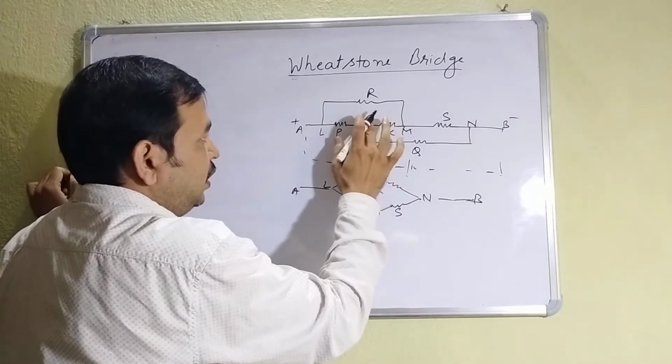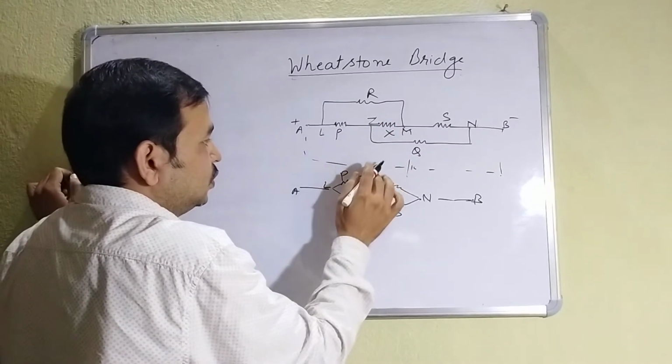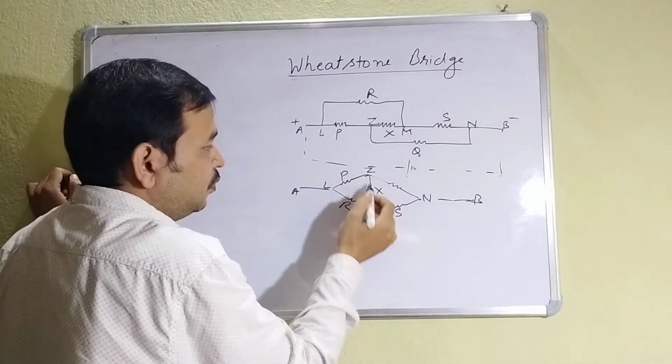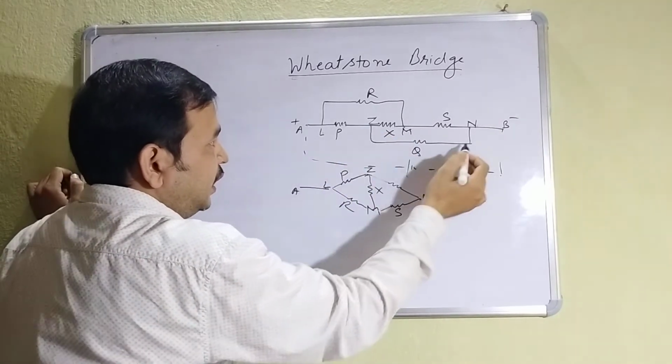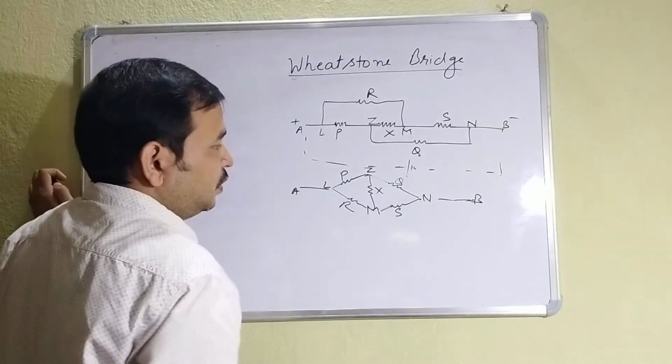So you take this point as, suppose, Z. So this is Z. Between Z and M, X, between Z and N, Q, and the rest we have written.